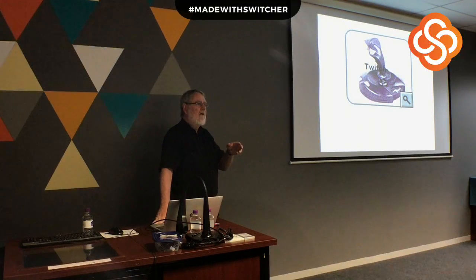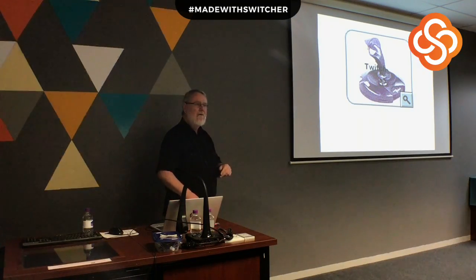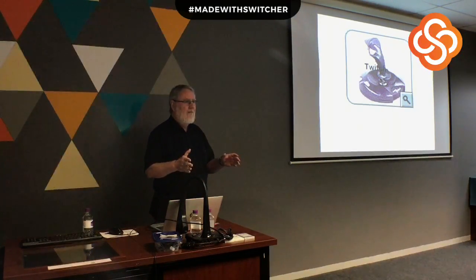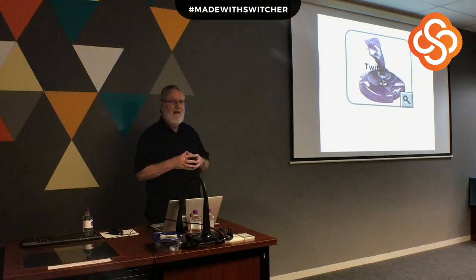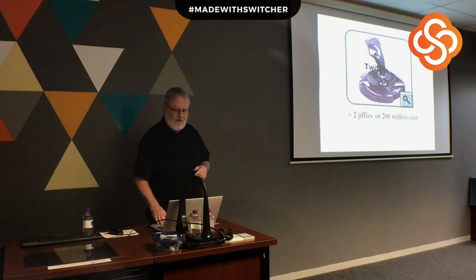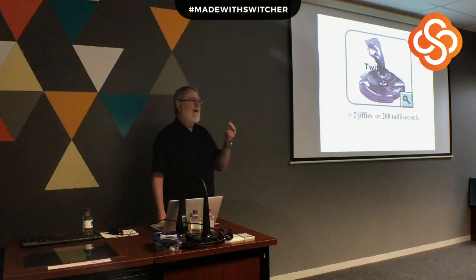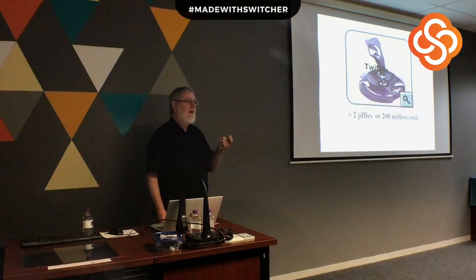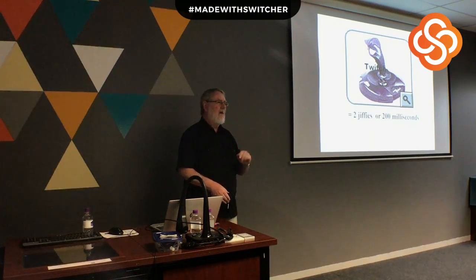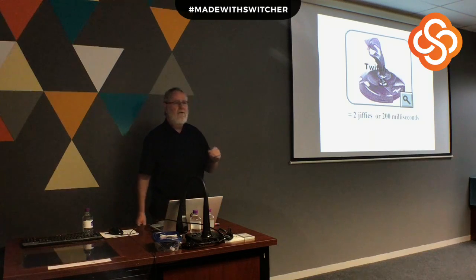Who here has heard of the twitch as a unit of measurement? You know what a twitch is, eh? That's a twitch. But it's used in computer game design as a unit of measurement. Has anyone heard of this? No? Well, it's equal to 2 jiffies, or 200 milliseconds. It's the amount of time to press a button or move a joystick in one direction or the other. 200 milliseconds.